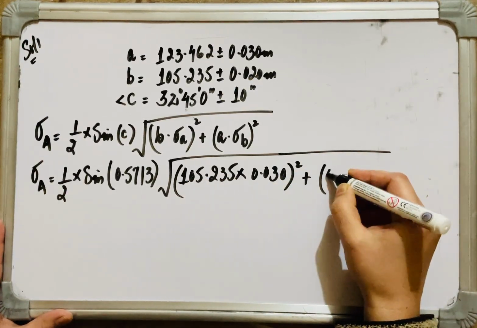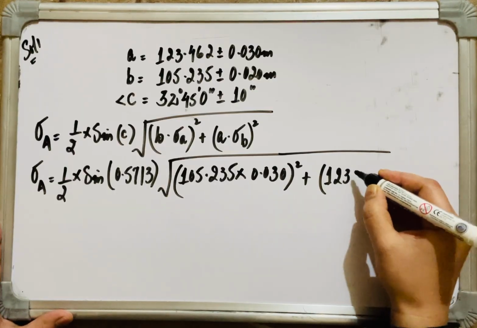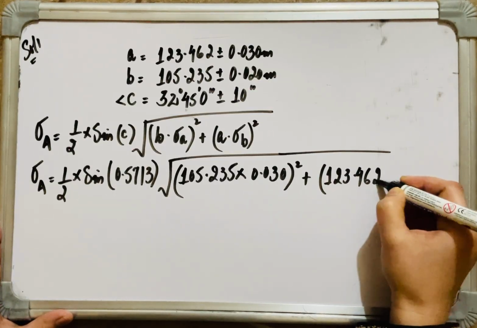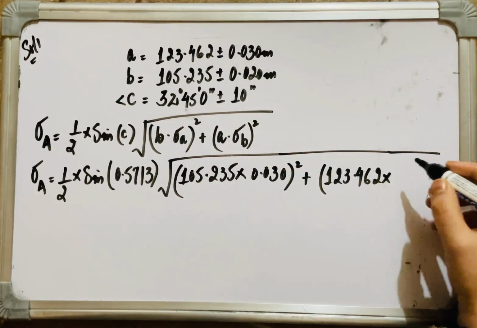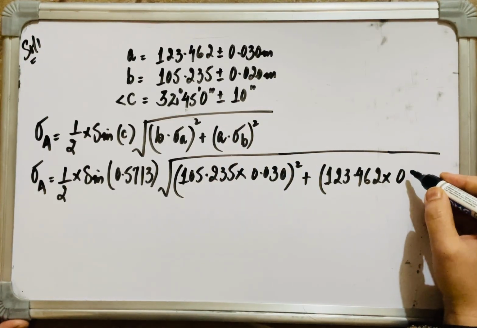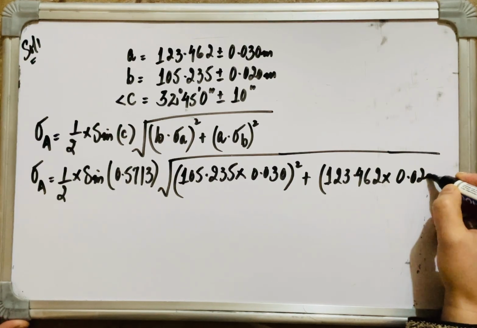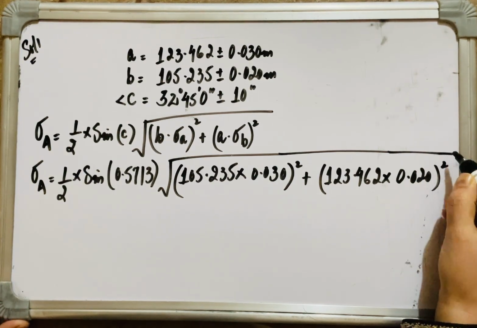plus how much is A? It is 123.462 multiplied by how much? Sigma B, 0.020 square of it. All right.